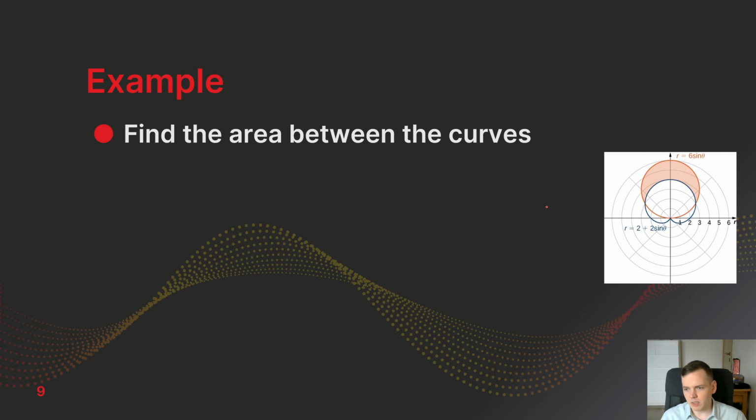Find the area between the curves here. You'll see that we've got r equals 6 sine theta and r equals 2 plus 2 sine theta.